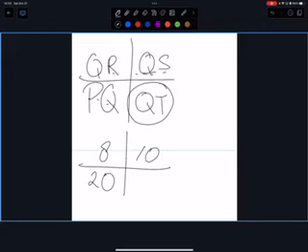And then what do you need to do? 20 times 10 equals 200. Divided by 8 equals? If 20 times 10 equals 200, 200 divided by 8 cannot be 10.